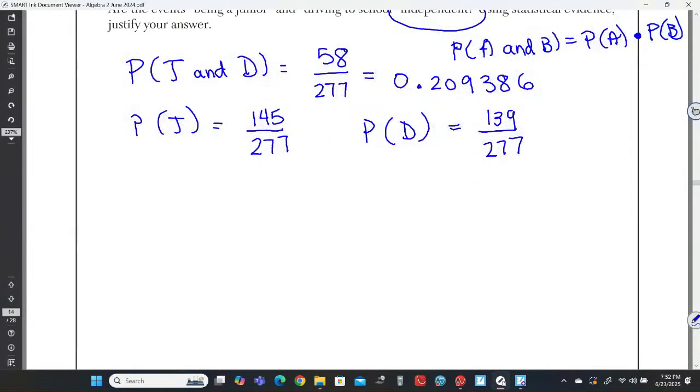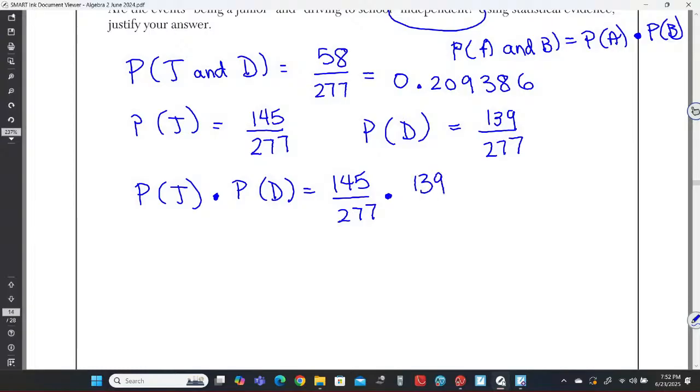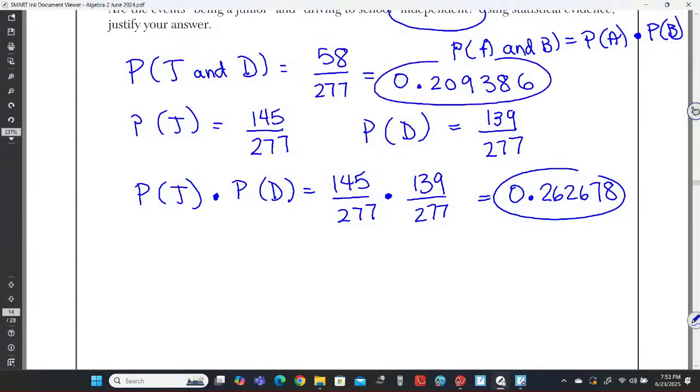And so if I then did P of J times P of D, I would get 145 over 277 times 139 over 277. And that would all equal 0.262678. Let me circle those two probabilities.